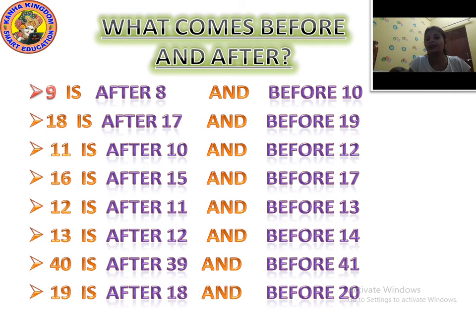After 15 which number comes? After 15, 16 comes. Which number comes before 17? 16 comes before 17. So 16 is the number that comes after 15 and before 17.